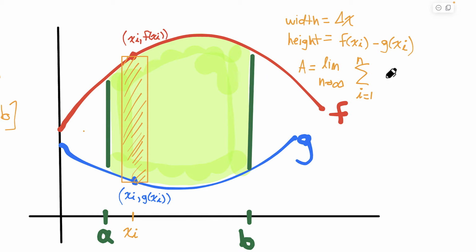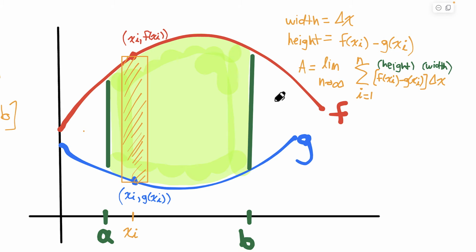And the area of each of those rectangles we would get by doing the rectangle's height, which I just told you is f at x sub i minus g at x sub i times the rectangle's width, which I said we'll call delta x. So once again, we just have height times width. And we're going to add all the areas together, and we're going to have an infinite number of rectangles.